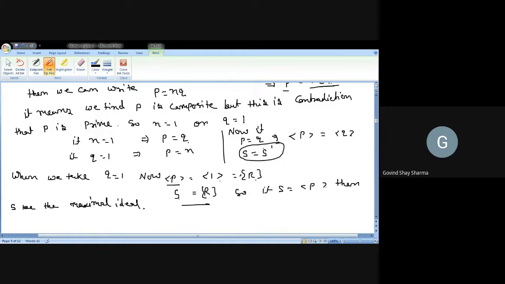Now the second part, the converse of this theorem.